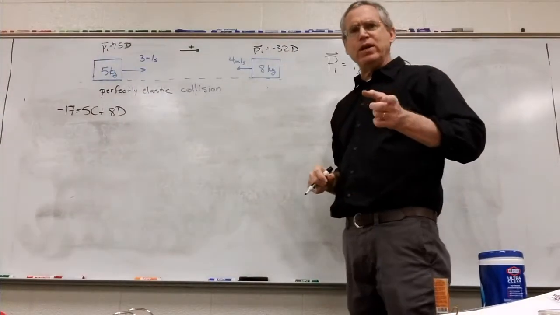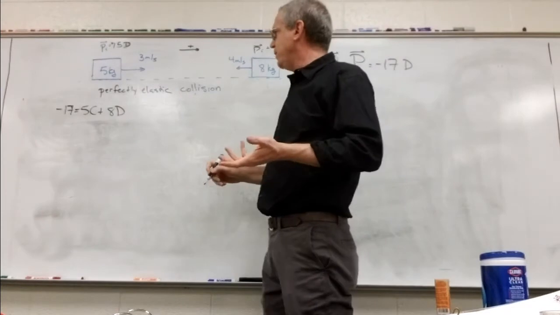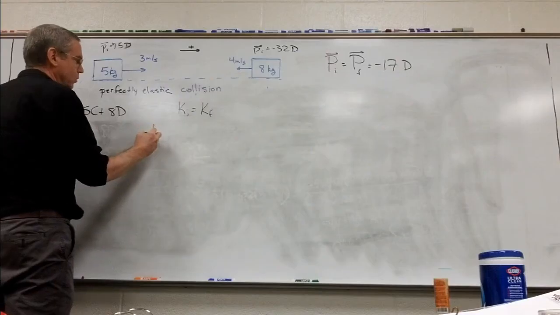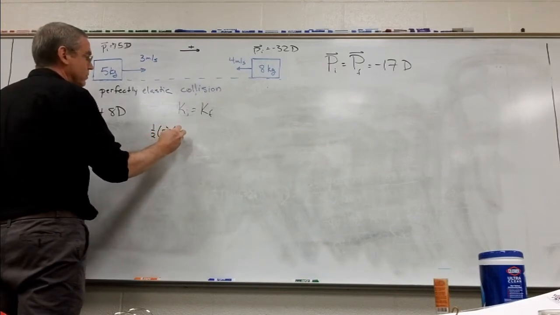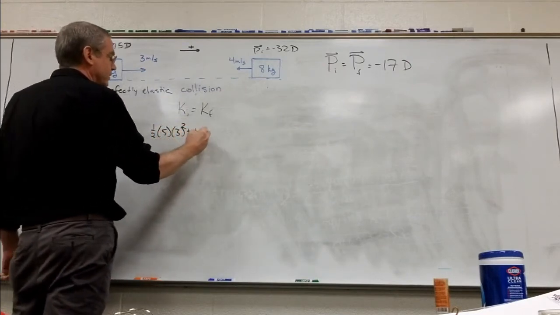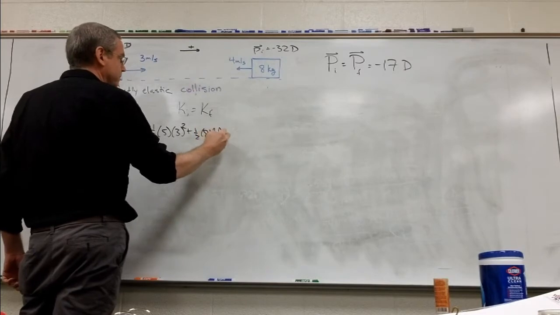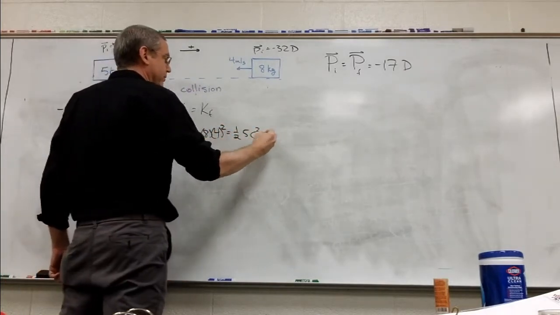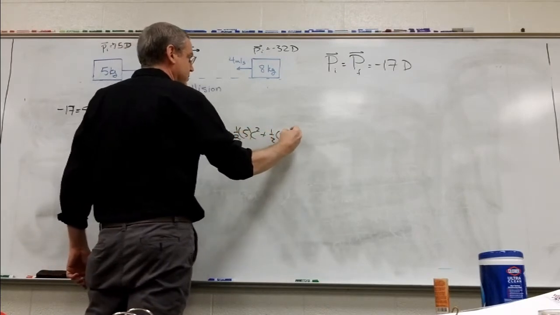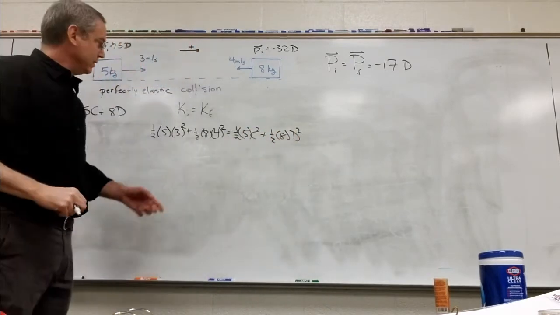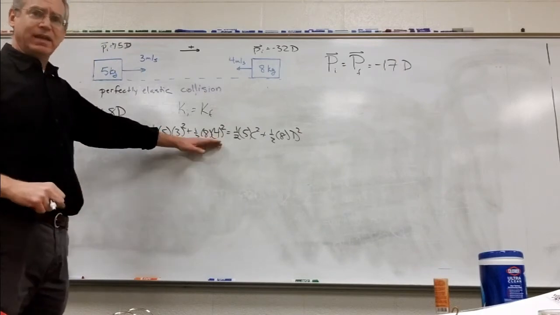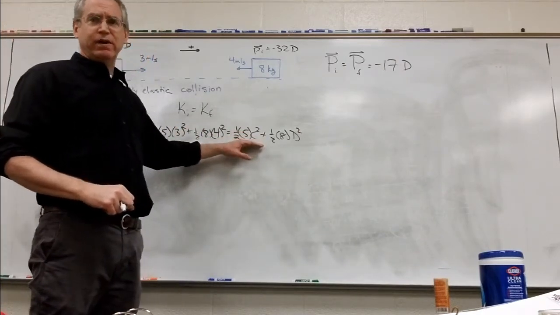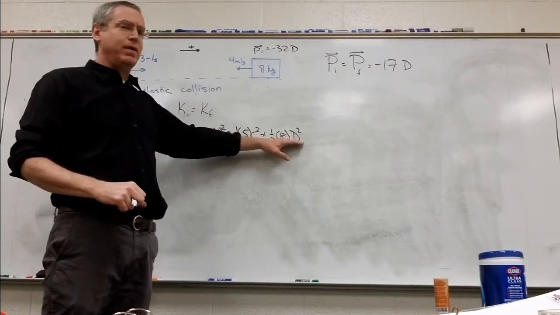The kinetic energy equation, its initial is equal to final. So we have K initial equals K final. So 1/2 times 5 times 3 squared plus 1/2 times 8 times 4 squared is equal to 1/2 times 5 times c squared plus 1/2 times 8 times d squared. This is just, again, kinetic energy of the 5 kilogram mass plus kinetic energy of the 8 kilogram mass before is equal to the kinetic energy of the 5 kilogram plus the kinetic energy of the 8 kilogram after.